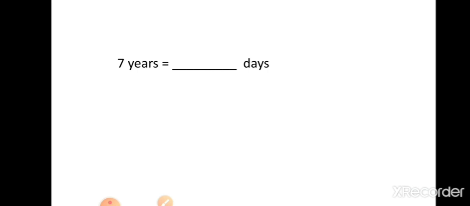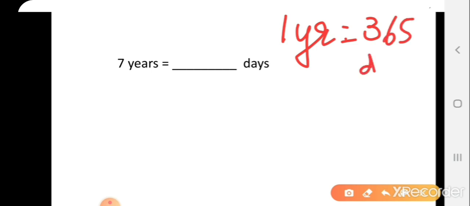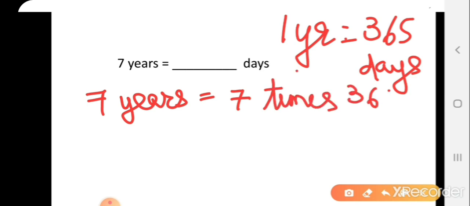If we have to convert years into days, as we know, 1 year is equals to 365 days. So 7 years is equals to 7 times 365, that is 7 multiplied by 365.